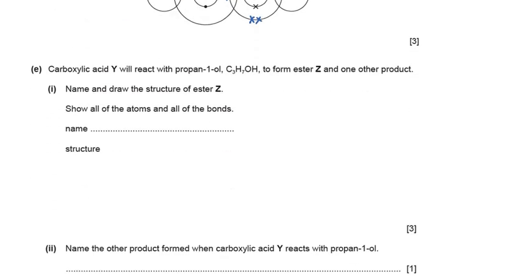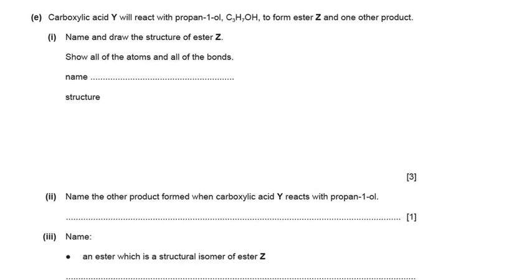Sub question E says carboxylic acid Y will react with propan-1-ol, that is C3H7OH, to form an ester Z and one other product. Name and draw the structure of ester Z. Show all the atoms and all the bonds.